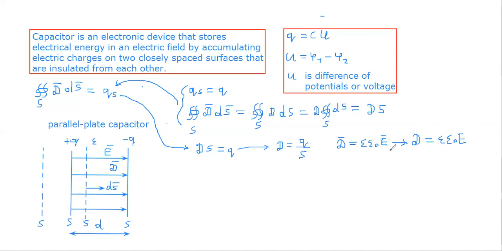Because of this, we have that E is equal to Q divided by epsilon 0 S.